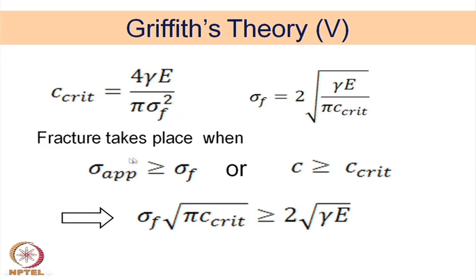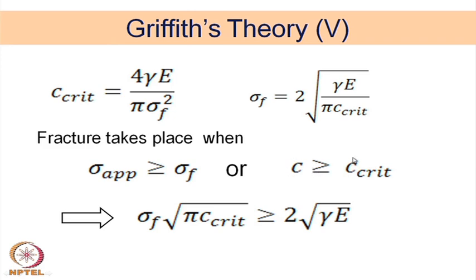So, for fracture to take place, as I have already discussed, the applied stress must be greater than or equal to the fracture stress. Fracture stress is given by this, and that is again dependent on the size of the critical crack length. So, either this is satisfied or the crack length is more than the critical crack length.